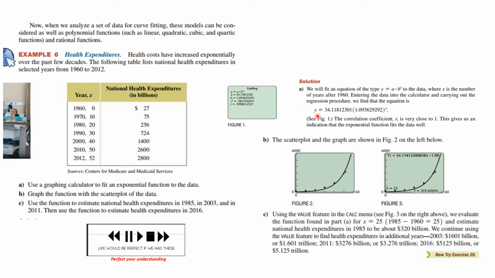So you see we ended up with this being our equation, and the correlation coefficient is close to 1. That means it's a good fit. If we did a scatter plot, as we're asked to in part B, we get this. And we can also get the value in any year by substituting that value into our calculator. I encourage you to perfect your understanding by trying this problem.